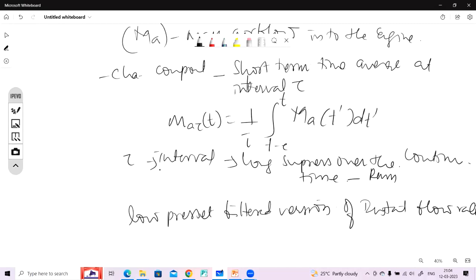That is, as we already discussed, the transfer function in open loop and closed loop.